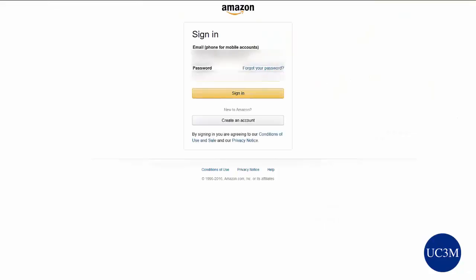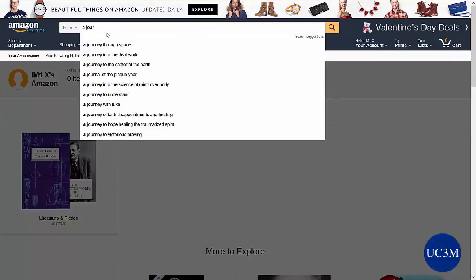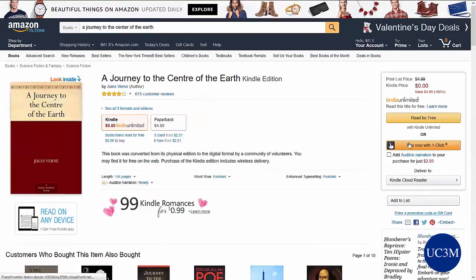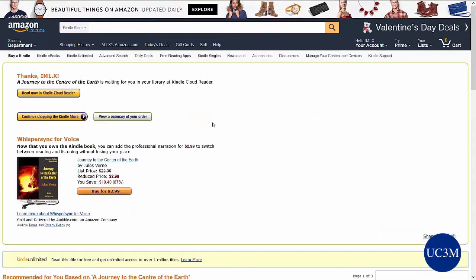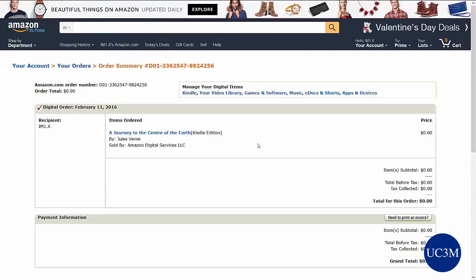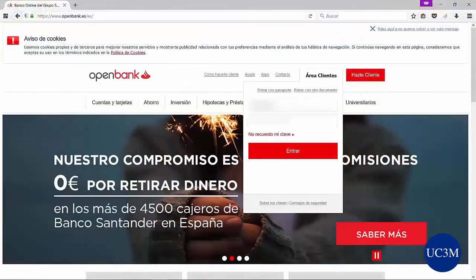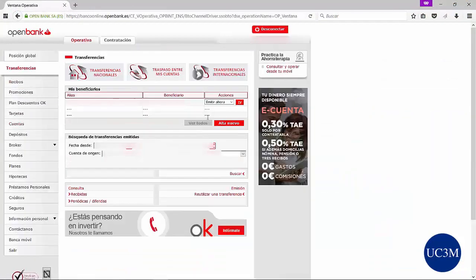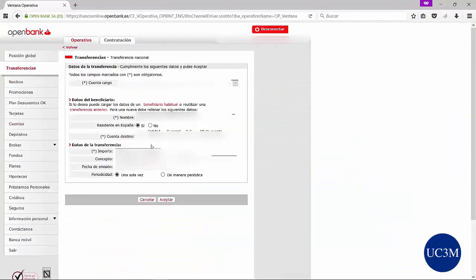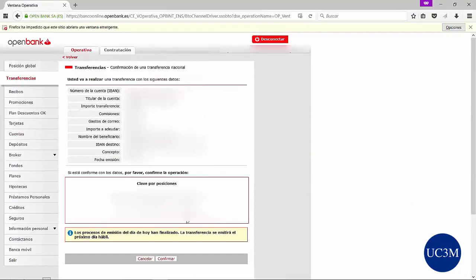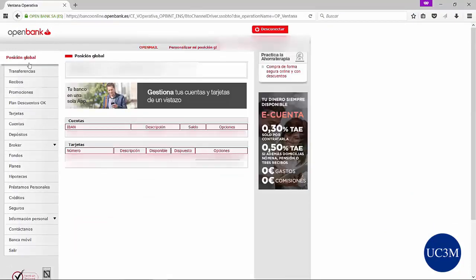You would log into Amazon's system, locate the book you want to buy, enter the required information on yourself, and carry out the purchase. Or you would like to transfer some funds from your bank account. You would log into your bank's virtual banking application and follow the steps required to instruct the system to transfer these funds to the desired destinations.